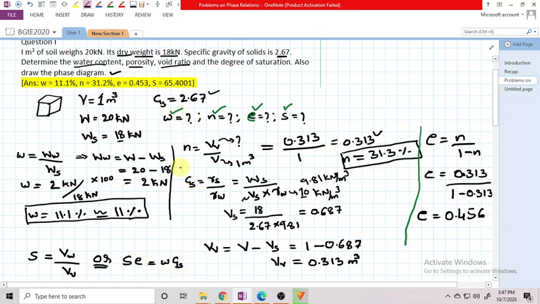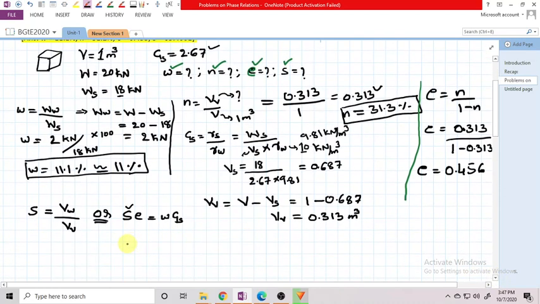I already found w, I know Gs, and I also know e, so this formula is convenient. The water content is 11.1%, which in the formula is 0.11, into specific gravity 2.67, divided by e, 0.456.